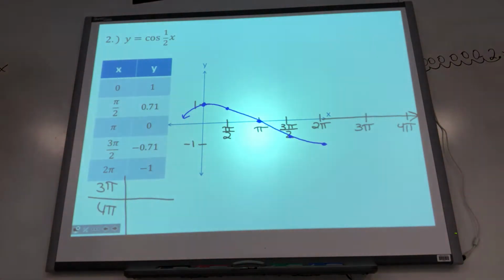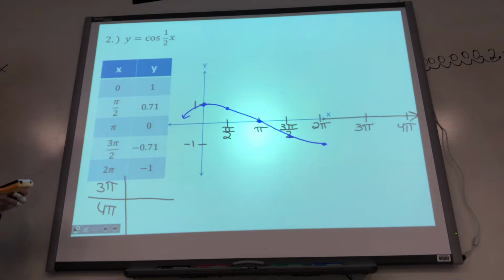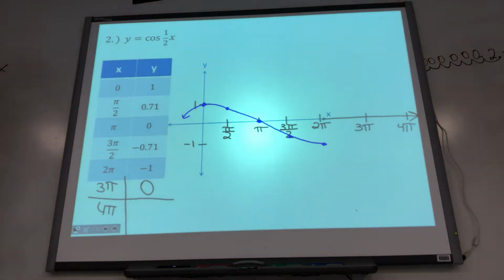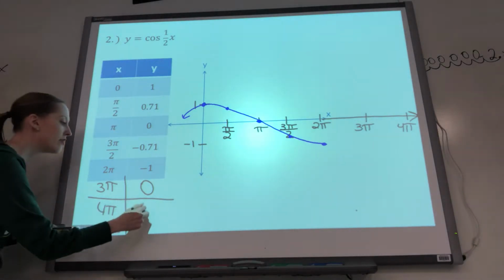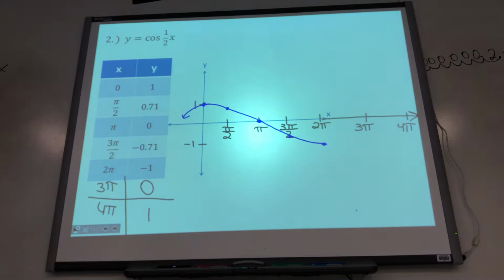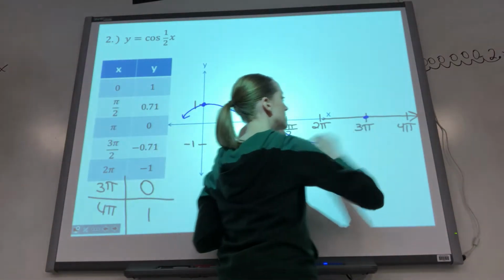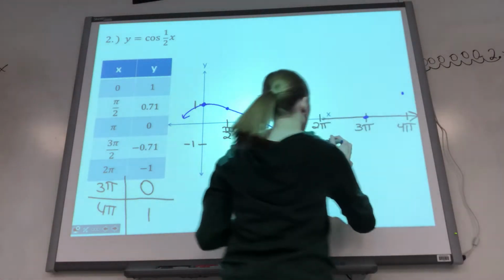So I'm typing into my calculator cosine of 1/2 times 3 pi. That is a 0. And then cosine of 1/2 times 4 pi, that is a +1. So here I go. 3 pi, 0, 4 pi, 1.